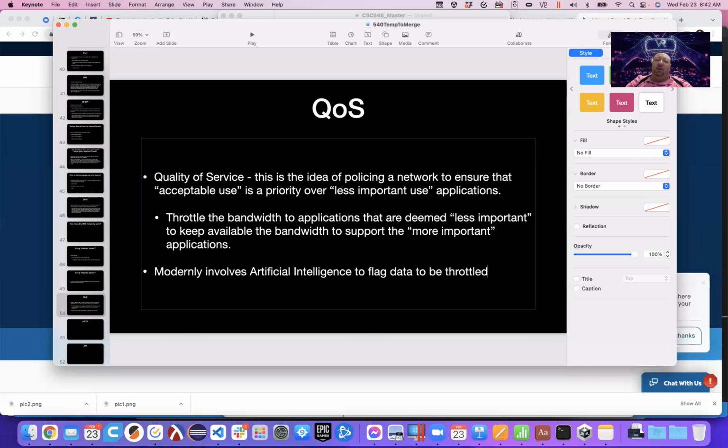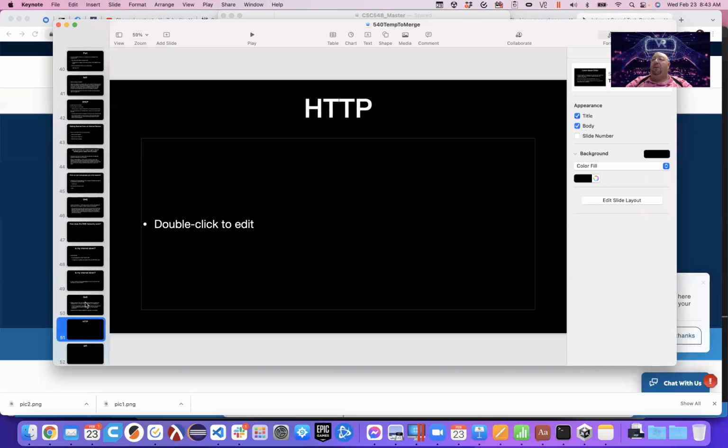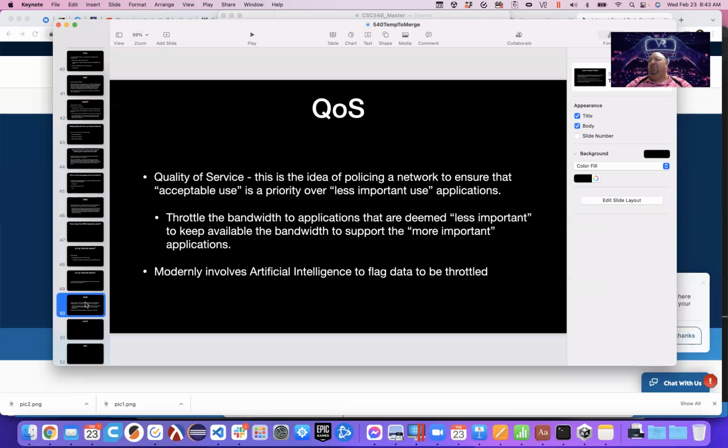So now newer pieces of software for QoS use machine learning based artificial intelligence to analyze data and not just look at the protocol the data is operating over. Historically, they would have looked at just HTTP if we're talking about web. So as long as something like BitTorrent started using HTTP, the early day QoS software packages would just say, oh, that's web traffic, leave it alone, even though it wasn't really web traffic, it just looked like web traffic.